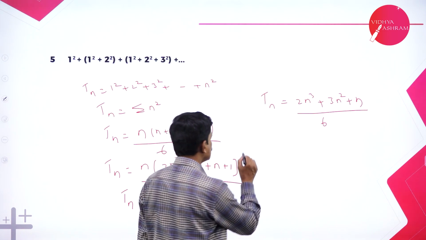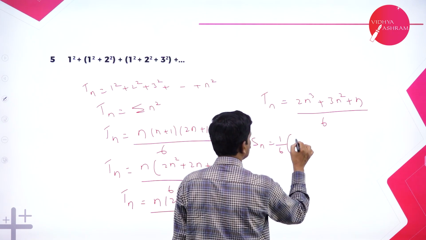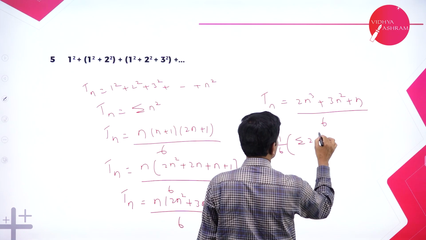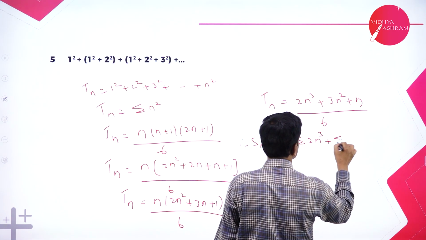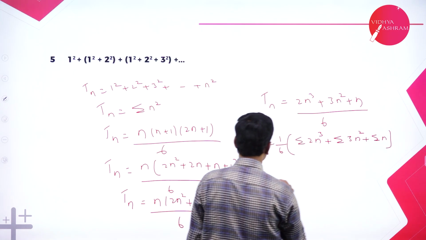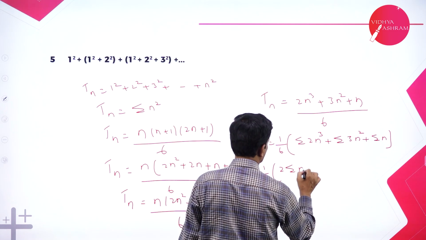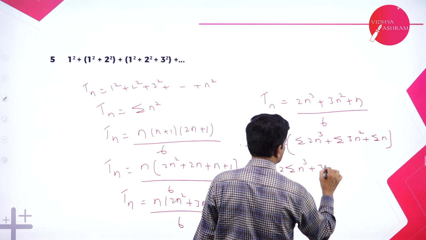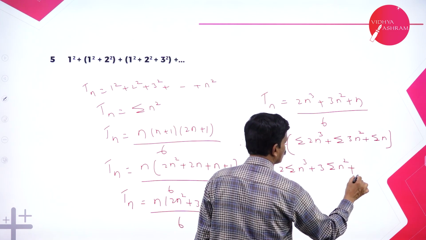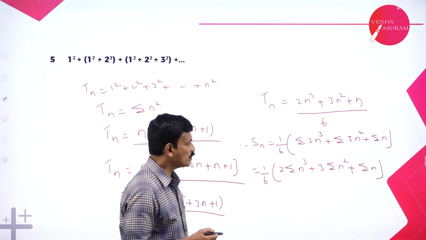So now the sum of n terms Sn is equal to 1 over 6 times sigma 2n cube plus sigma 3n square plus sigma n. So this is 1 over 6 into 2 times sigma n cube plus 3 times sigma n square plus sigma n. Now substitute the values of sigma n cube, n square and n.